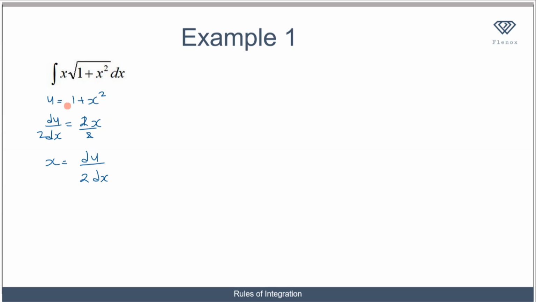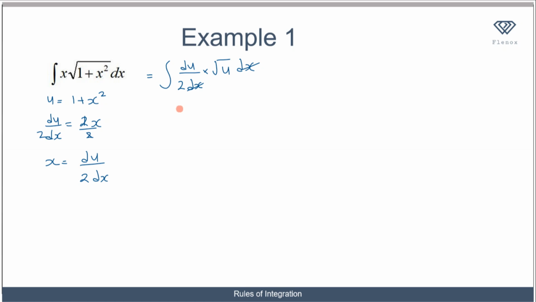So I can substitute my x as du over 2 dx and my 1 plus x squared as u. So this function can also be written as the integral of du over 2 dx times the square root of u times the x. So dx cancels dx.